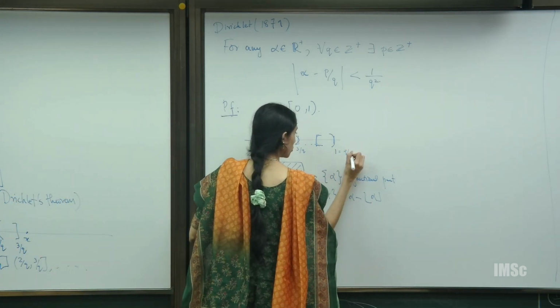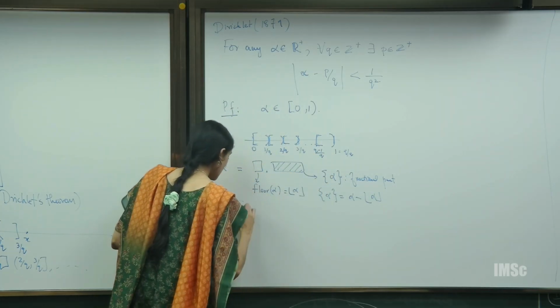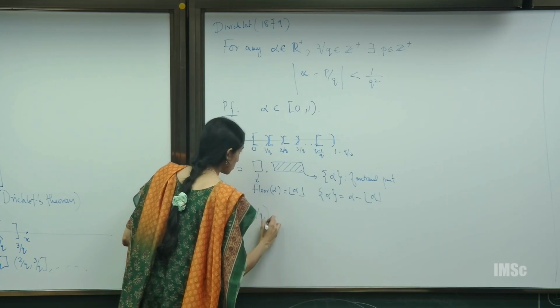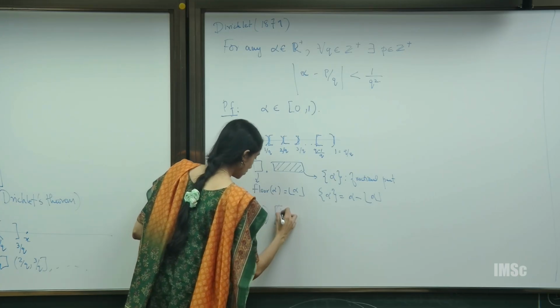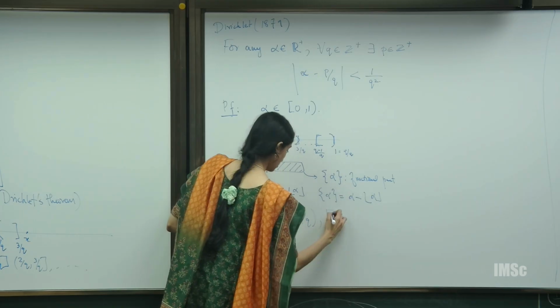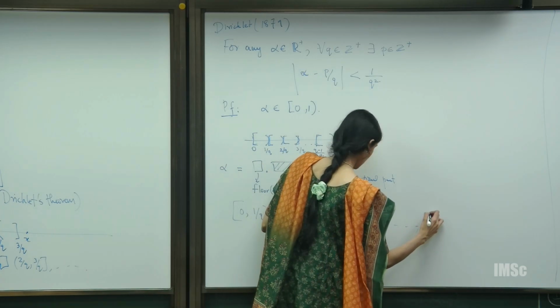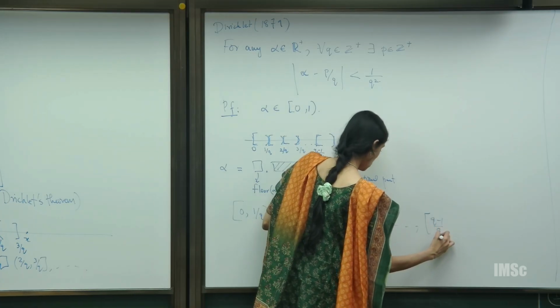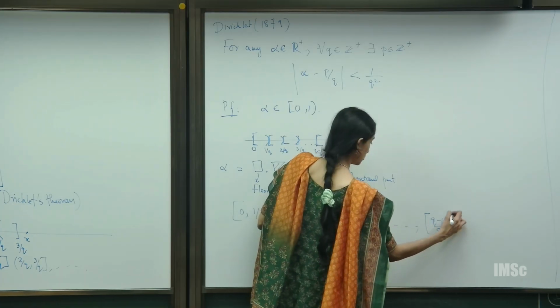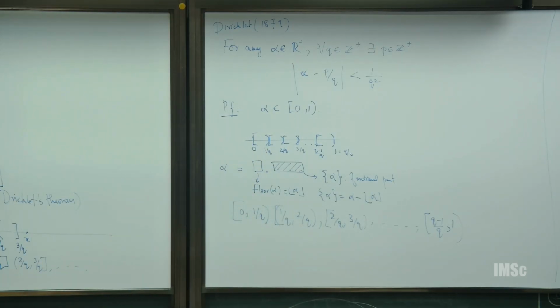So the one before it is q minus 1 by q. The intervals go up to q minus 1 by q and 1. Is that okay?